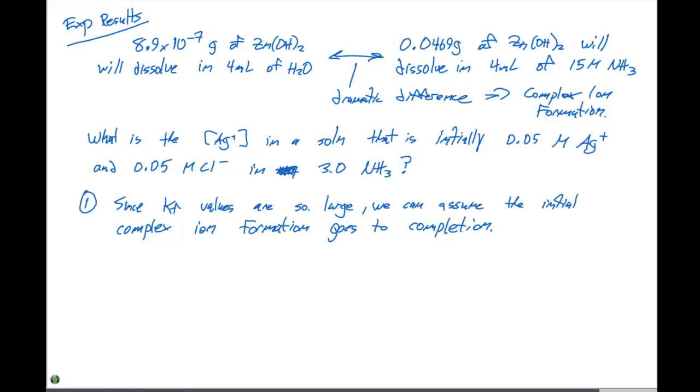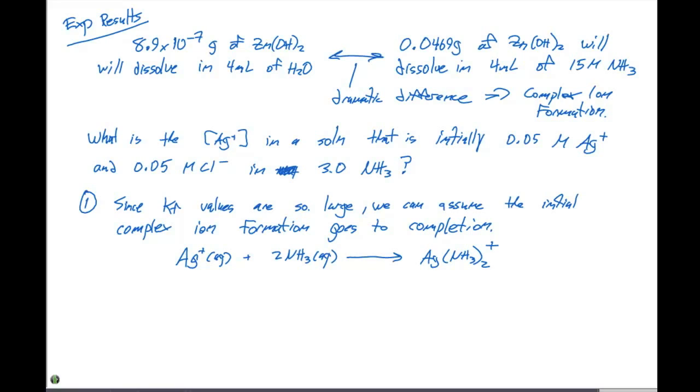So initially, we look at the Kf table. We see that silver can form a complex ion with ammonia. In this case, we have silver plus 2 NH3s is going to form Ag(NH3)2 with a +1 charge.